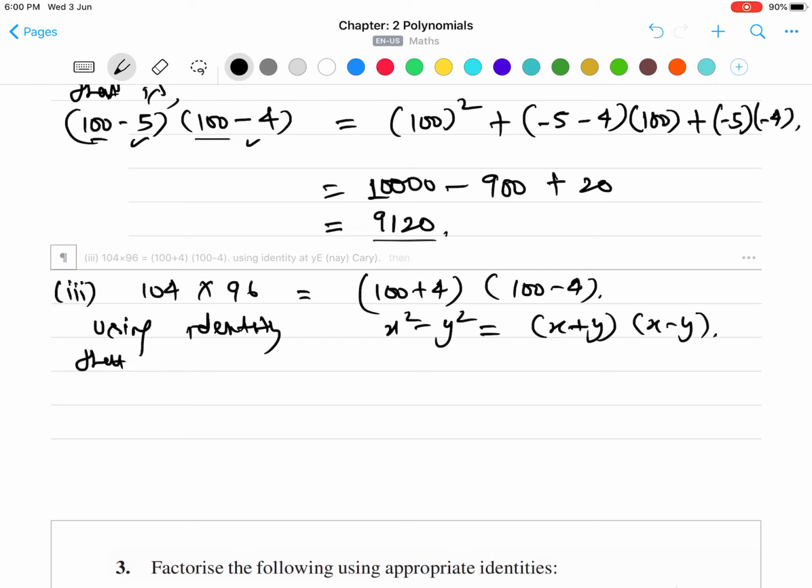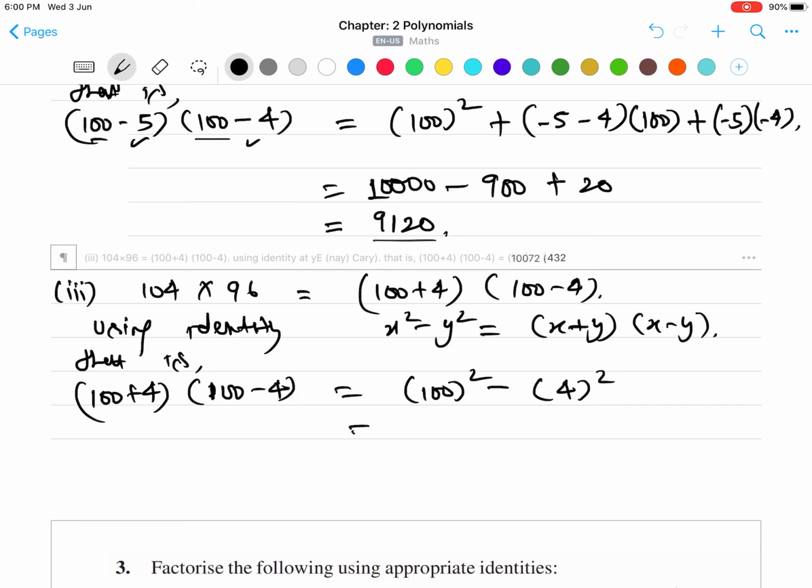So we have 100 plus 4 into 100 minus 4. This is x square minus y square. X here is 100 square minus y is 4 square. 100 square is 10,000 and 4 square is 16. So the answer is 9,984. Okay, so that's the solution of this question number 2.